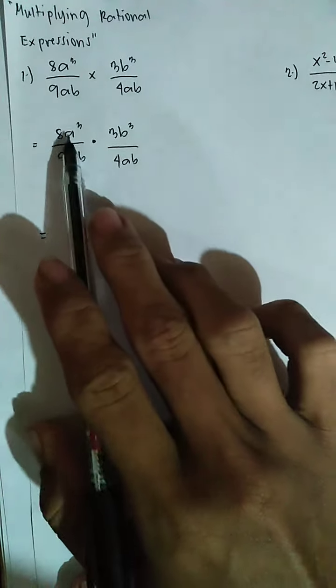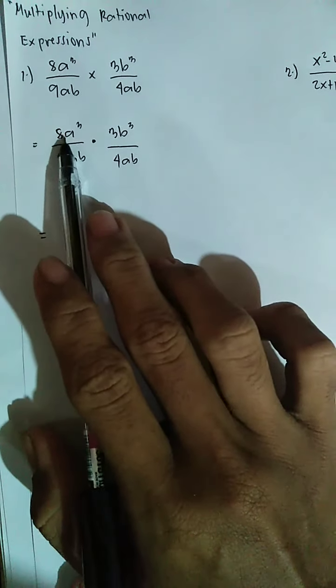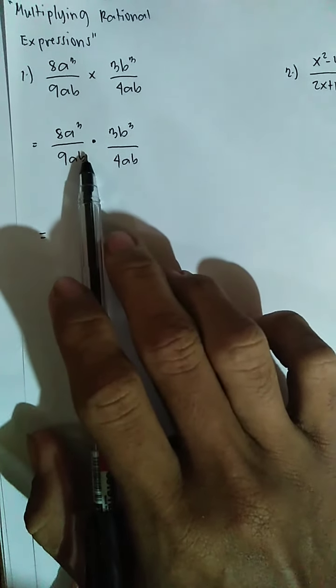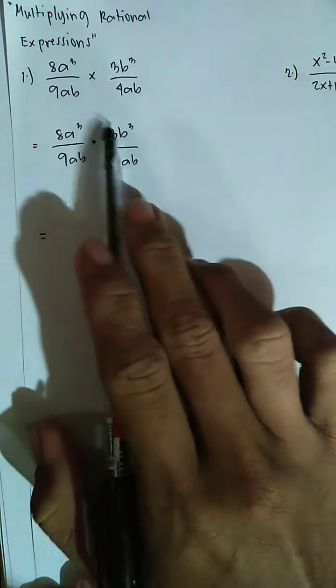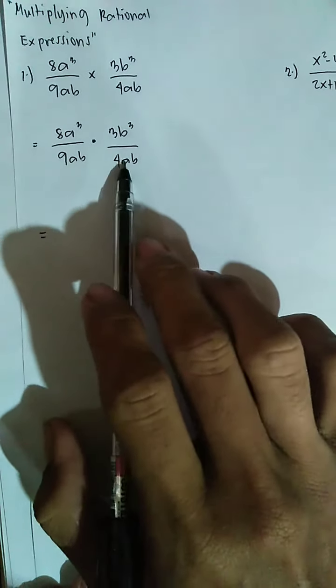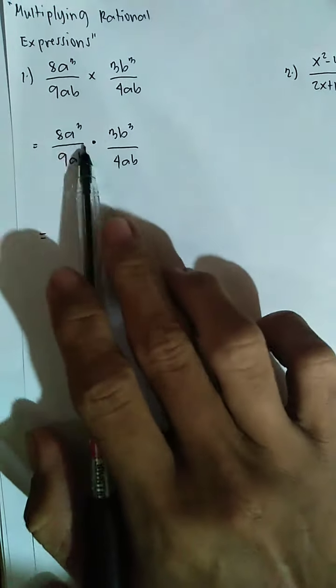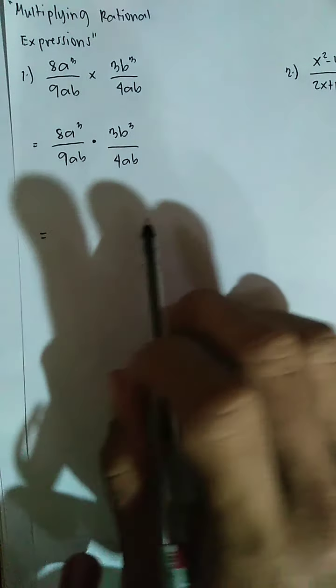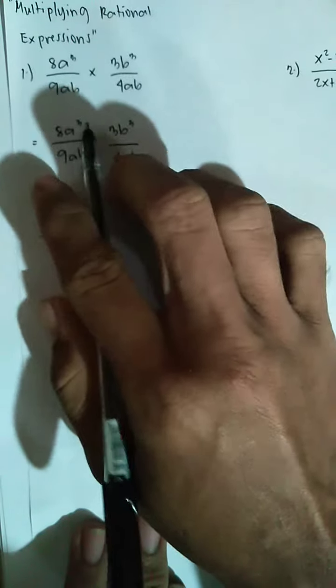So now let us proceed. We have again the rule for multiplying rational expressions. Just simply multiply numerator and numerator, denominator and denominator, then express the final product in lowest terms. So you're just going to say 8a cubed times 3b cubed.